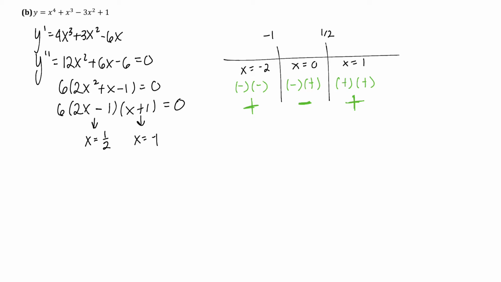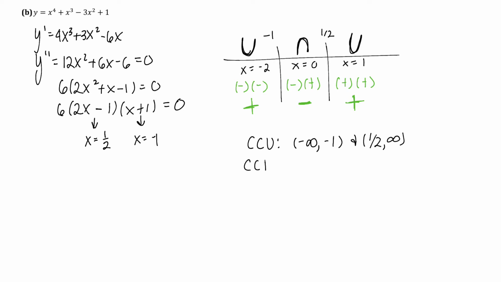Once again, we are talking concavity, so positive is concave up, negative is concave down, positive is concave up. So we are concave up from negative infinity to negative 1, and from 1/2 to infinity. We are concave down from negative 1 to 1/2. Somebody in the comments said, okay, we got it figured out.